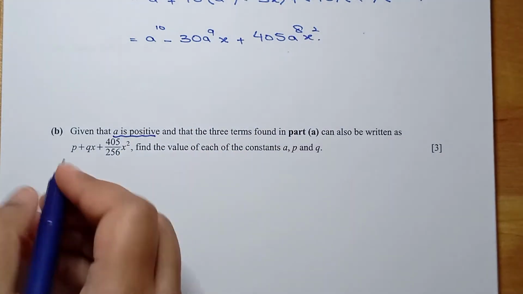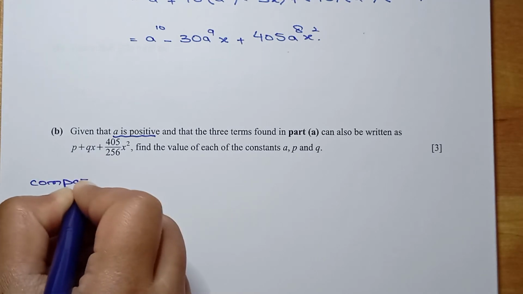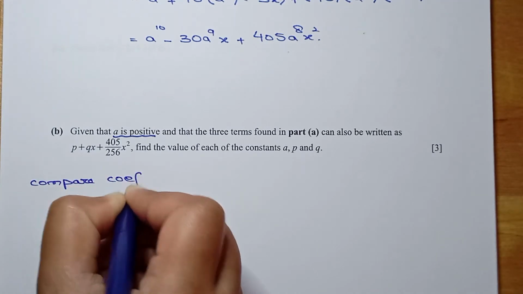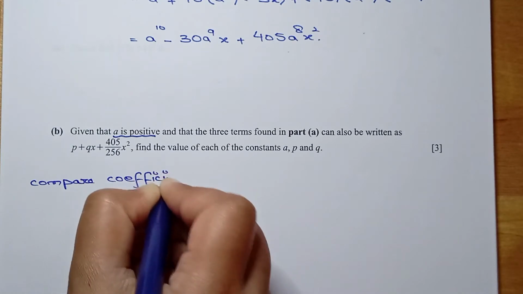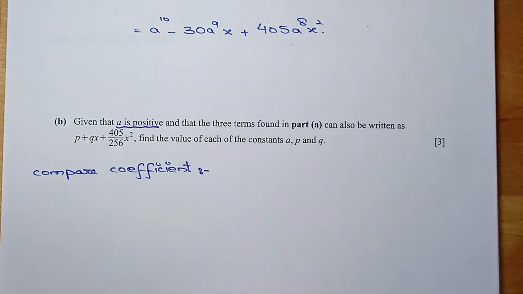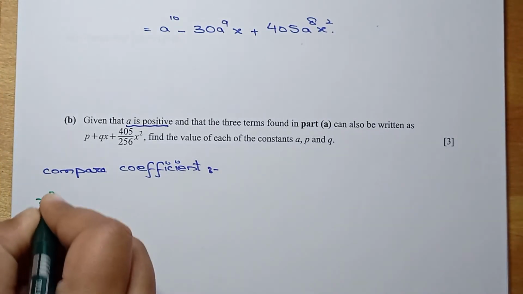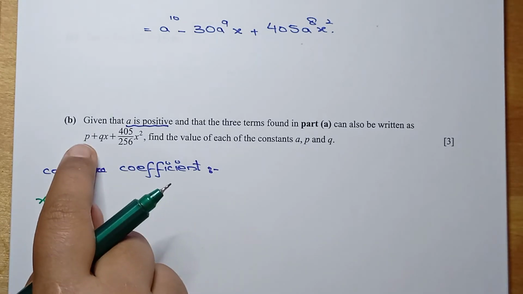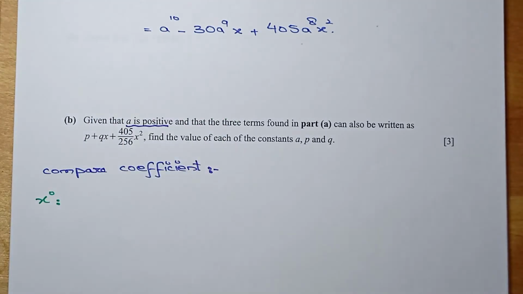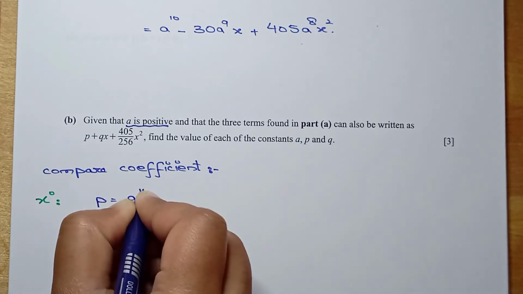Okay, so if I compare the coefficients, comparing the constant terms, or we can say x exponent 0 terms. What are the x exponent 0 terms? From here we have p and here we have a power 10. So the p value is equal to a exponent 10, right?